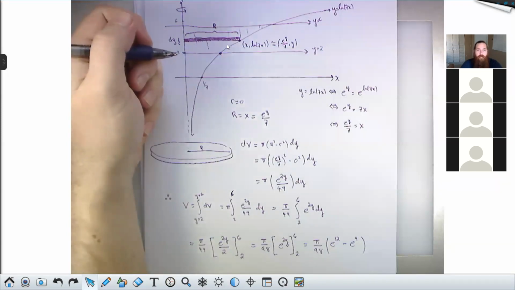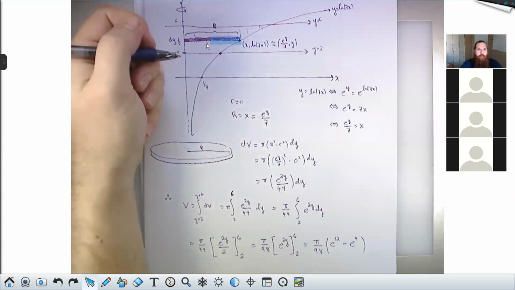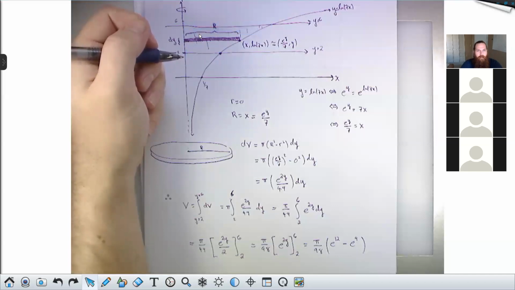Oh, because it changes. This strip moves, right? You have to think of this strip as moving throughout this region. Down here, when the strip is down here, r is equal to that distance. But when the strip is up here, r is equal to this distance. And in between, it changes.